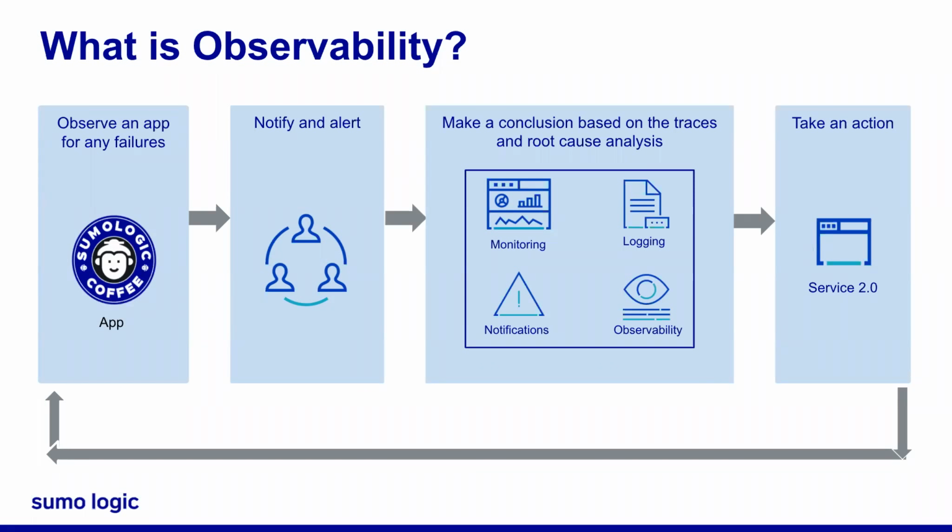The system notifies you, using its advanced technology to figure out what to notify you about, and then you make a conclusion based on the puzzle pieces you're presented, and then you take an action, whether it's a direct action, or shipping it over to somebody else to have them look at it, but you do take that action. And then, as the chart shows here, repeat. So doing that a lot is the start of what observability is.